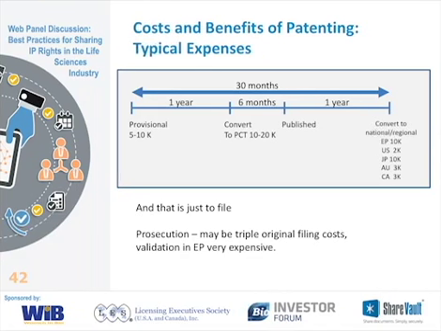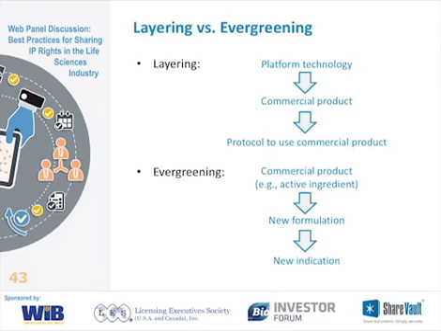Moving quickly then to scope of protection and how to perhaps maximize what can be protected. I'm very happy with some results that we had with regard to what I would call layering, where a platform technology, which is very generic, has been patented, and then a particular species of that technology, for example, a commercial product based on that platform, has been patented, even though the platform technology is citable against it.